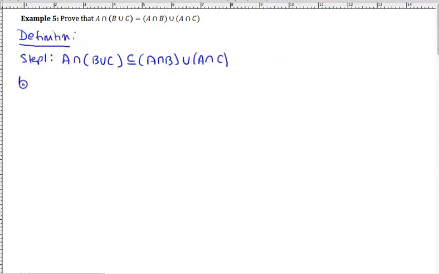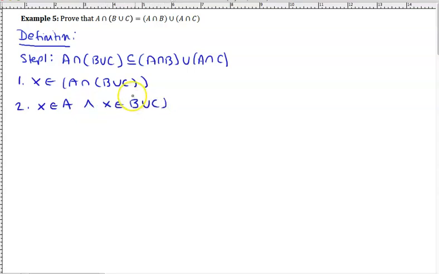So we start with saying that X is a member of A intersect (B union C). Now we're going to look at this intersection right here. By the definition of intersection, that means that X is in A and X is in the union B union C. This is the definition of what intersection is.